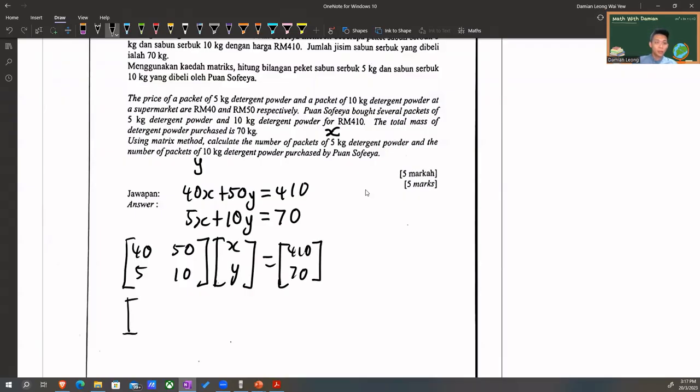So to get xy, I multiply with the inverse of this on the left, then this will become identity matrix, which multiply xy is still xy. So I do that on the right as well, but I have to multiply in front. Make sure you don't put it behind. So 1 over AD, 40 times 10 minus BC, 50 times 5.